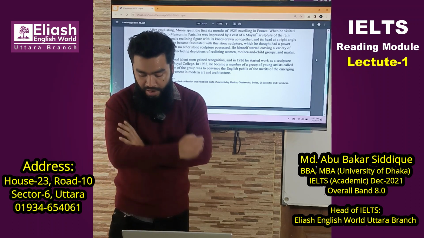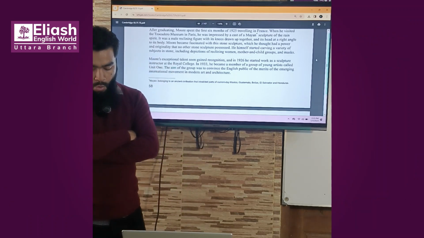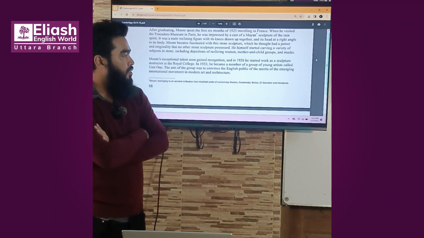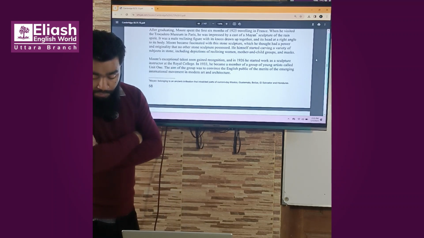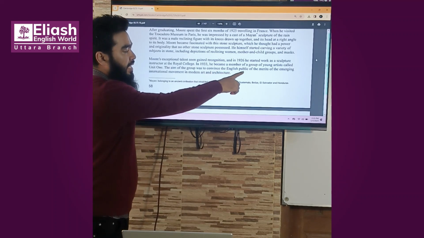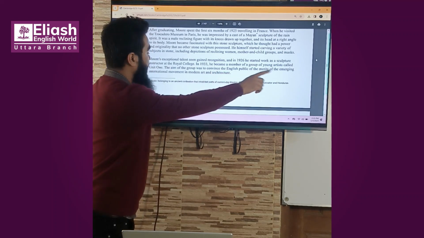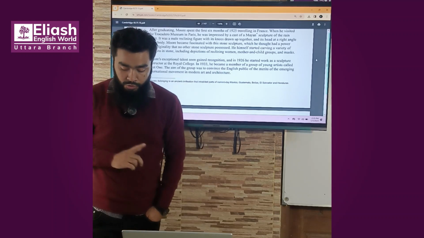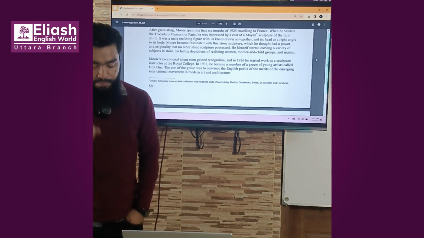What the question says: the artists who belong to Unit 1 wanted to make modern art and architecture more popular. So there is no such mention of modern art being popular. Rather, their aim was to convince the English public of the merits of the emerging international movement in modern art and architecture. So their aim was not to make modern art and architecture more popular.